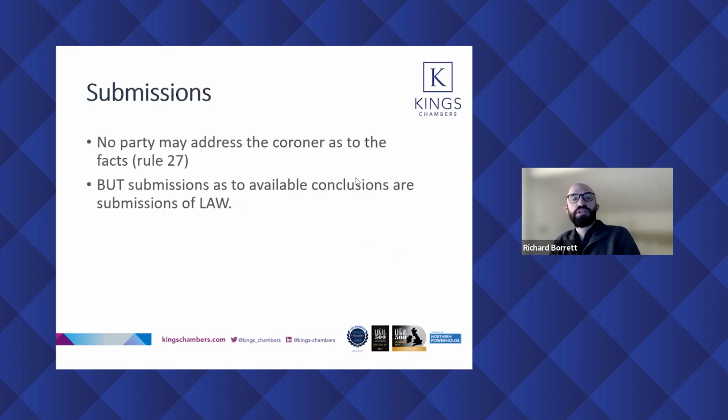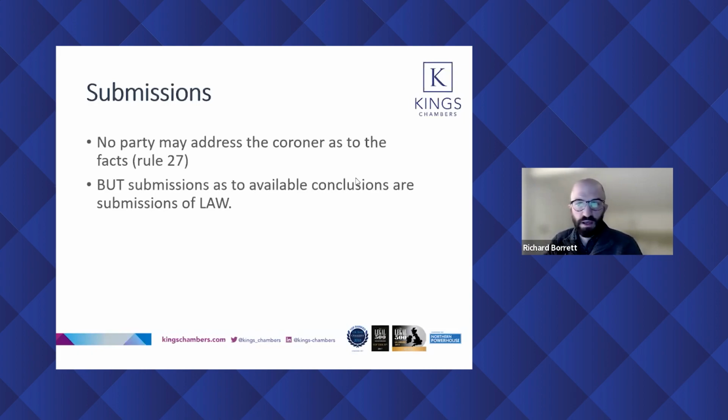However, submissions are available. Submissions can be made on the available conclusions. I'll come on to what those conclusions are in a minute. But if we think of a coroner sitting with a jury, then the coroner will, at the end of an inquest, send the jury out and essentially give them options.